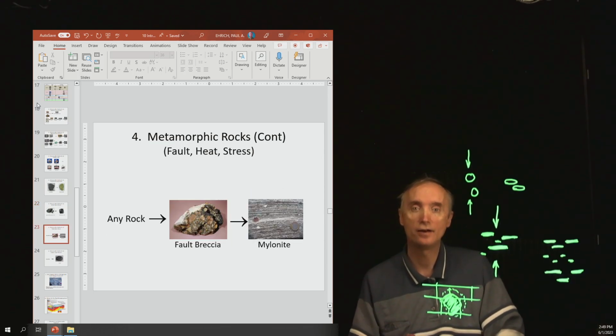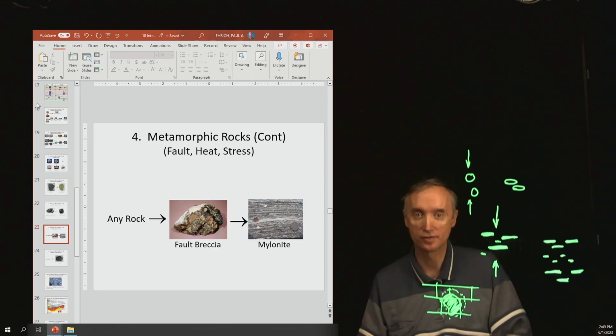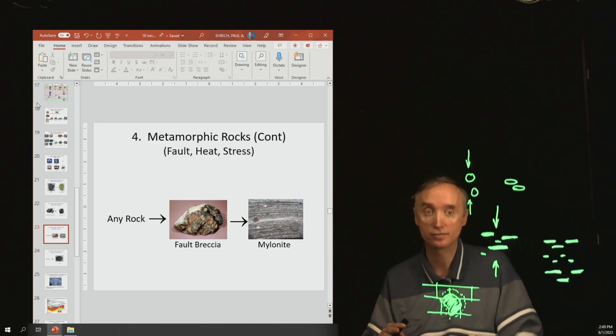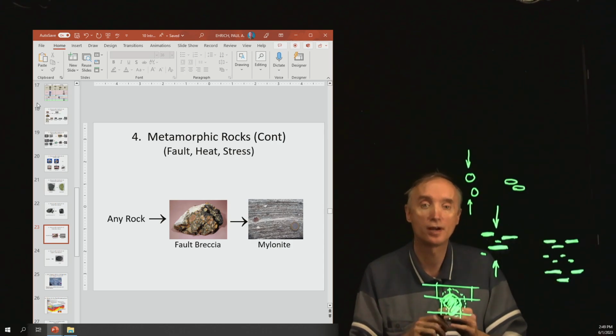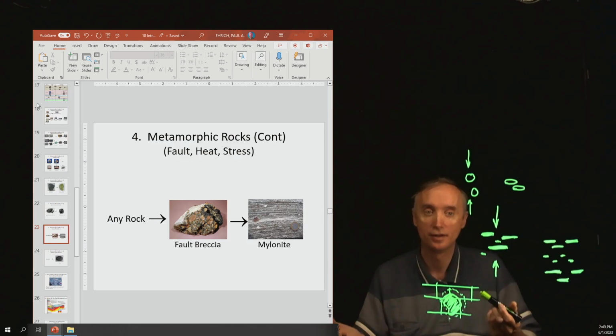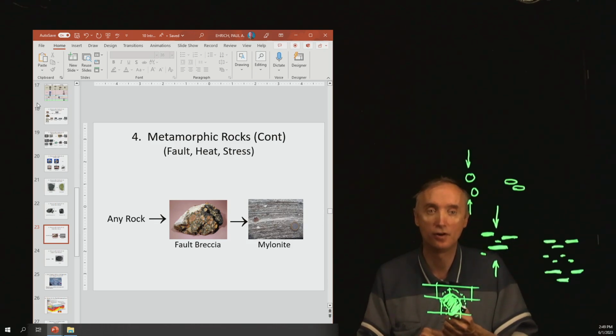Okay, then you can have fault metamorphism. You can take any kind of rock and subject it to heat and directed stress, so directed forces, and it can turn into a fault breccia. Obviously this is going to occur in a fault.